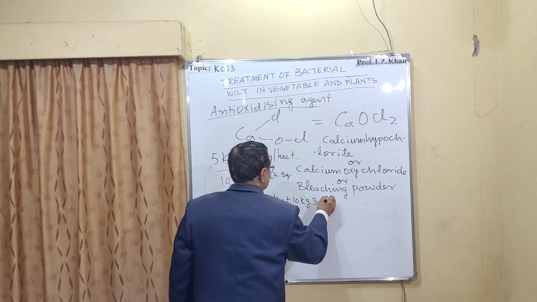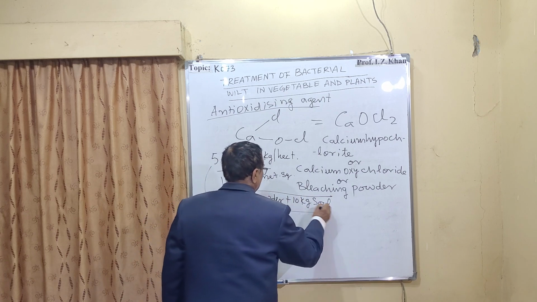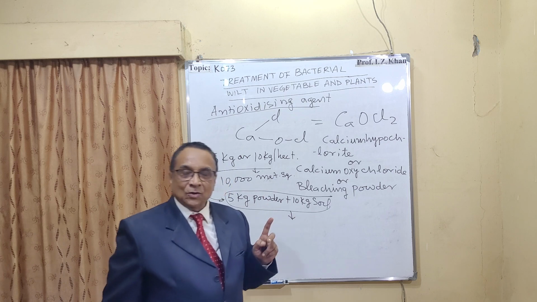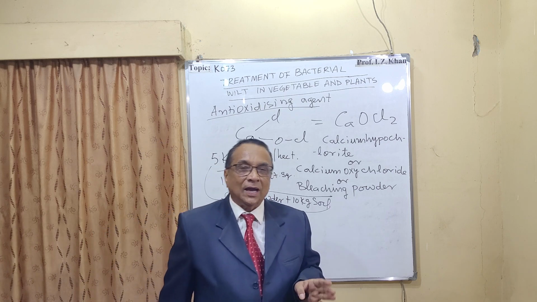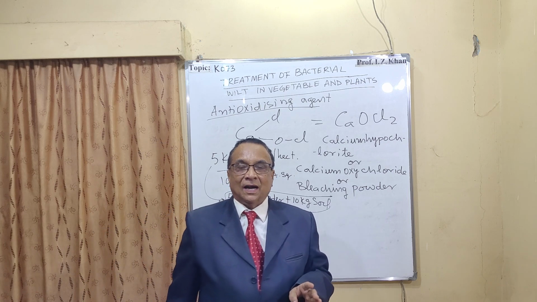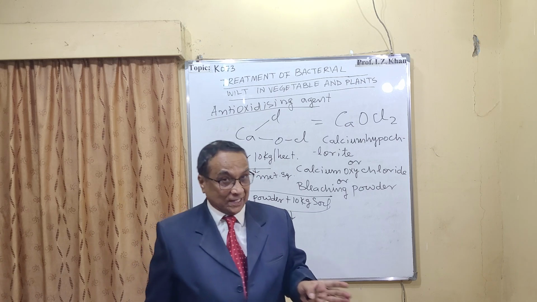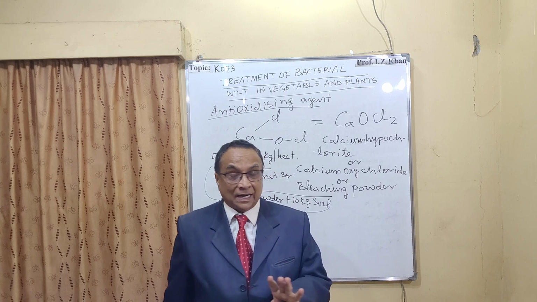You prepare this mixture, then spray it on the soil, and make sure the soil has some humidity, some water content. It should be moist. You should not apply it in dry soil.